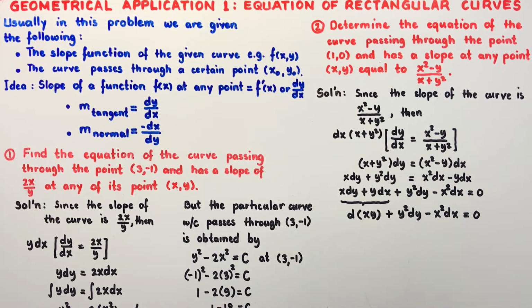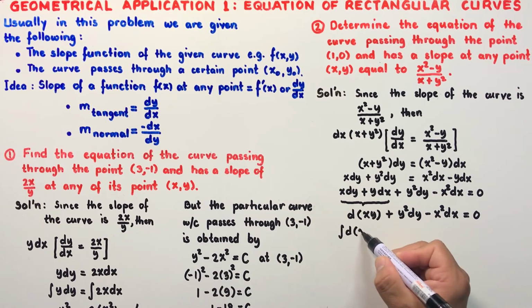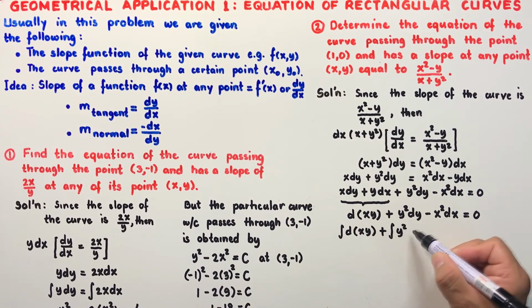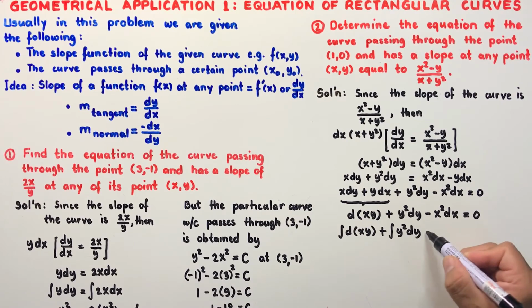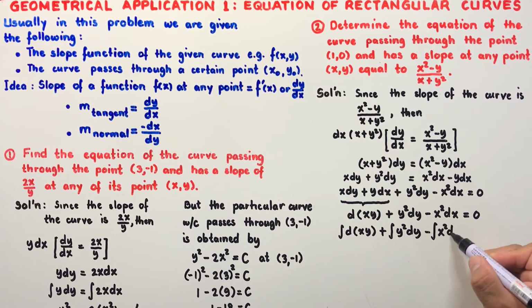Therefore, we can find the antiderivative of each term in this equation. So we have the integral of the differential of the product of x and y, plus the integral of y squared dy, minus the integral of x squared dx, which is equal to the integral of 0.